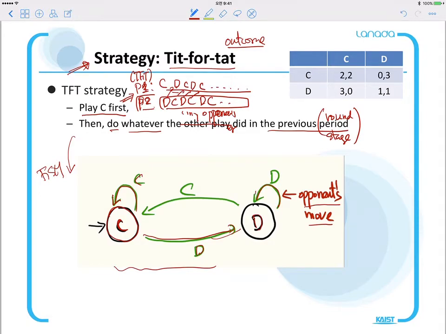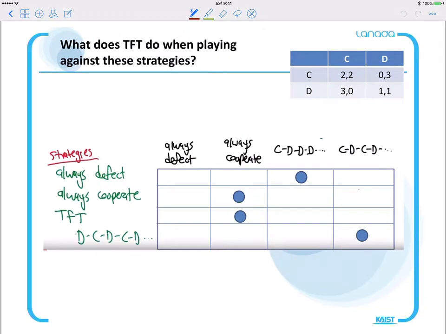If the previous move of my opponent is D, then my state will be D, and if that's C, then C. It's basically copying the previous round of my opponent. So I'm sure that you have a complete understanding of the Tit for Tat strategy. All right, good.